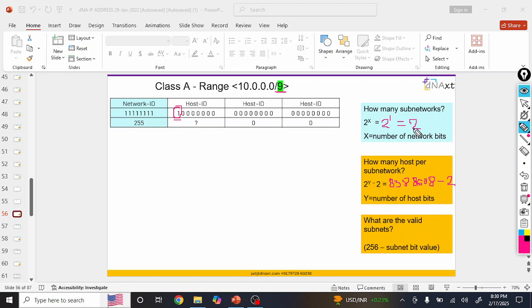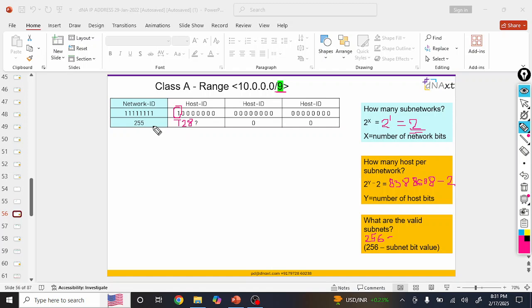Since we are getting two subnetworks, we are breaking our major network into two subnetworks. So what will be the increment? As we have done already in class B and class C subnetting, the formula is 256 minus the subnet bit value. Only one subnet bit is there, and its value, the first bit's value, is 128.